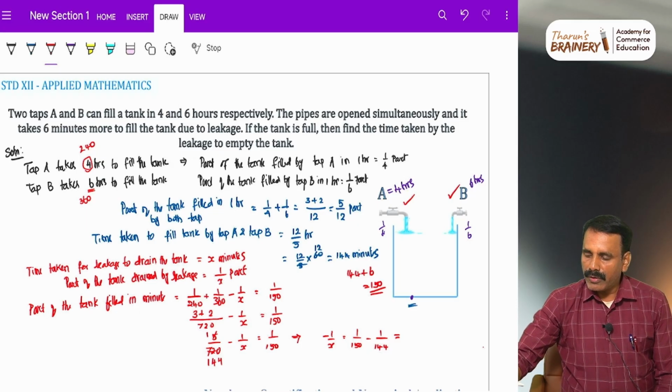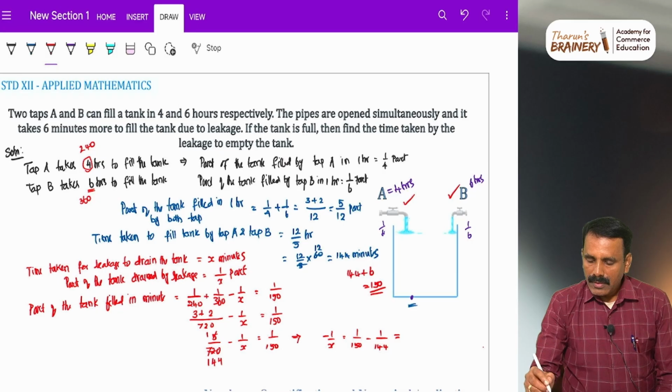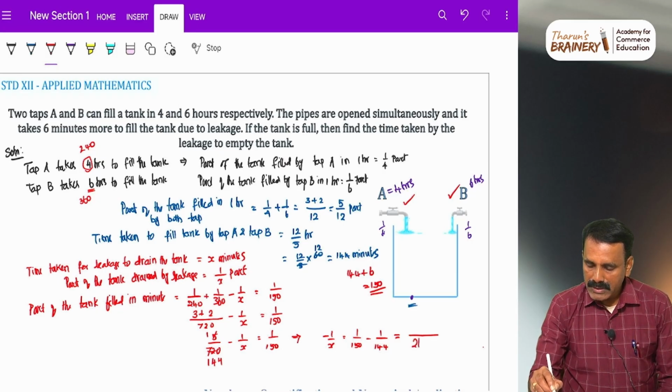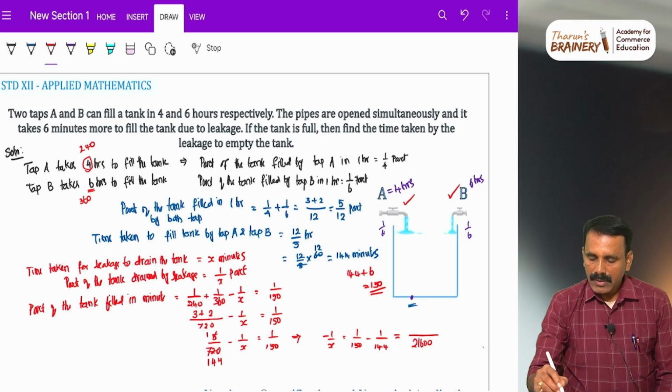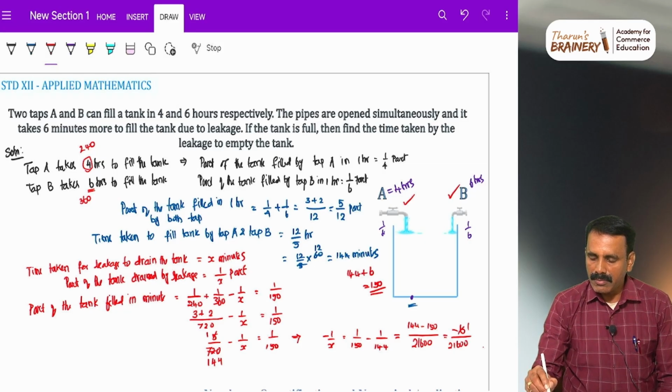150 into 144, we take LCM, 21600. Okay. Here it will be 144 minus 150, which is nothing but minus 6 divided by 21600. We cancel with the 6, so it is 1 divided by 3600.